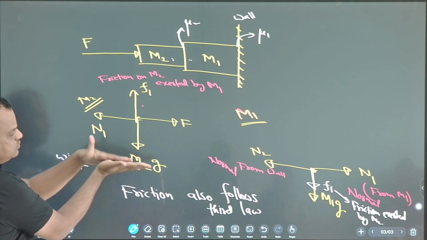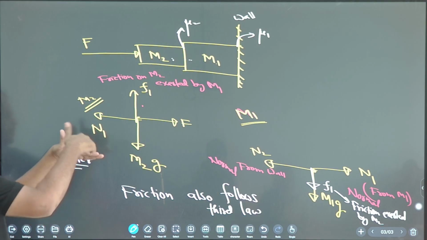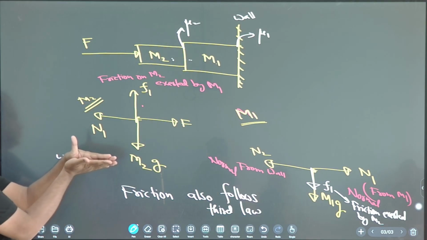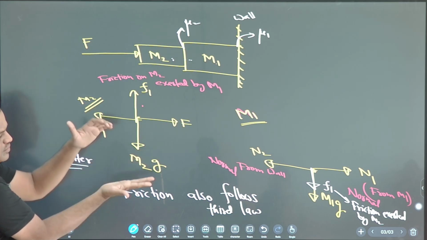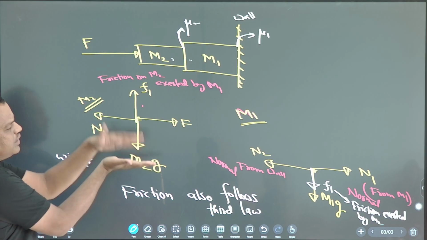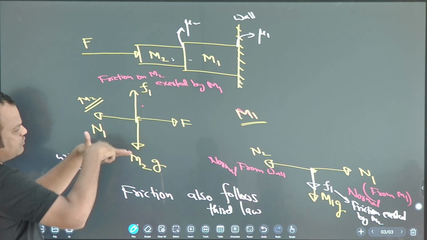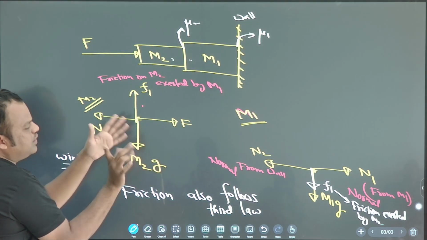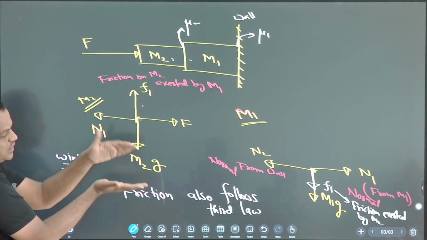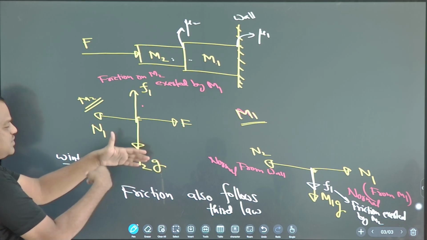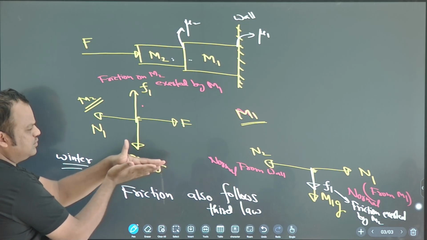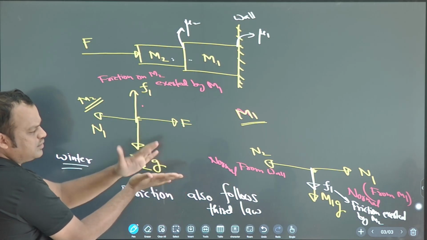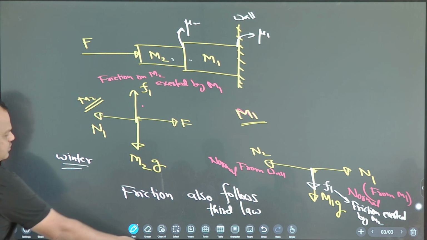Okay. What is the direction of friction on the upper hand? Right side. Very good. Because with respect to this, it is going left side, so friction on this is right side. Now what is friction on this? Left side. Correct. With respect to this, it is going right side, so friction on this is left side.